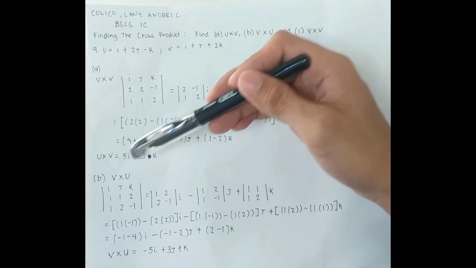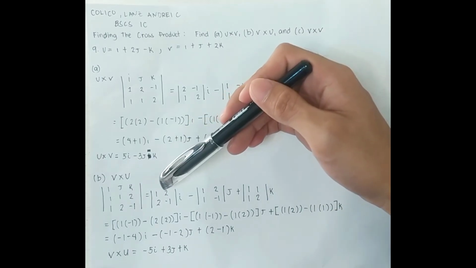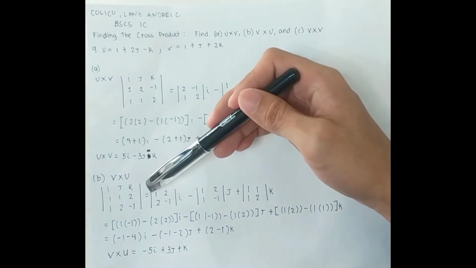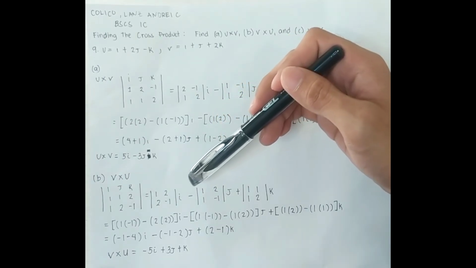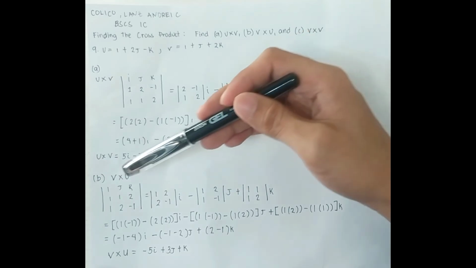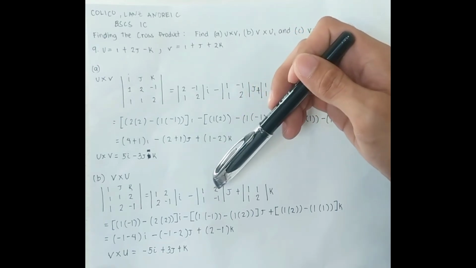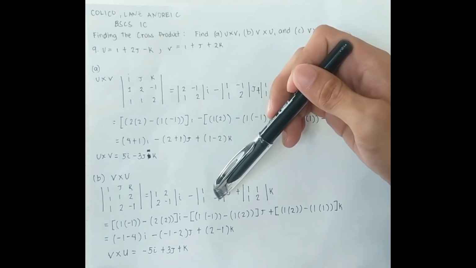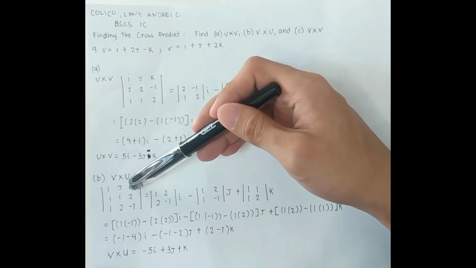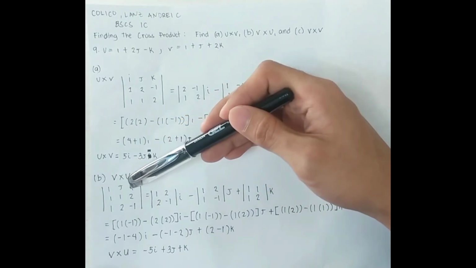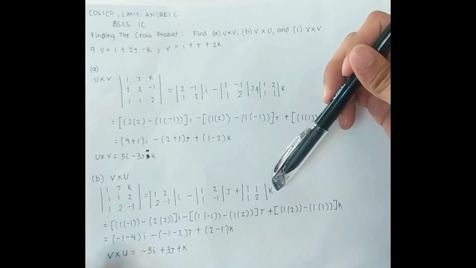Again, we will remove row 1 and column 1 to get the component of I. So 1, 2, 2, -1, I. And to get J, we will remove row 1 and column 2. So minus 1, 2, 1, -1, J. Then plus, to get the component of K, we need to remove row 1 and column 3. So that will be 1, 1, 1, 2, K.